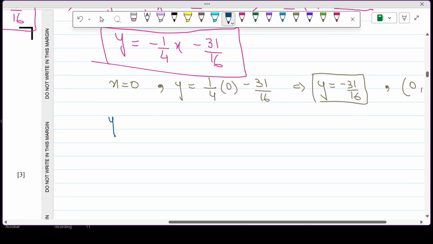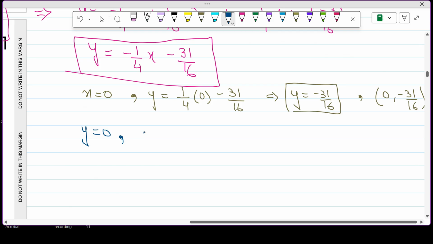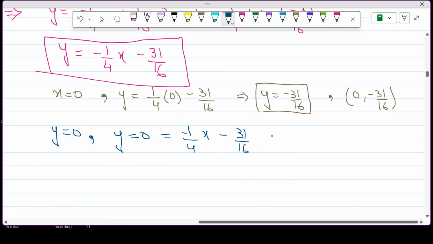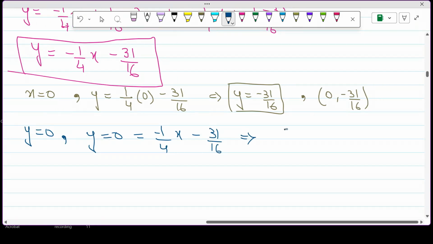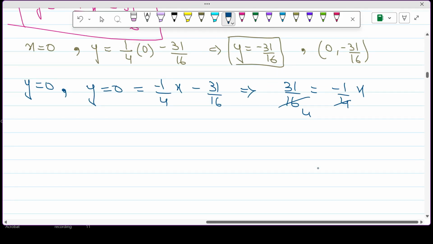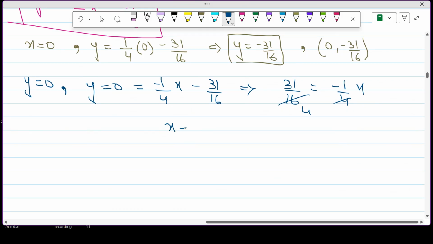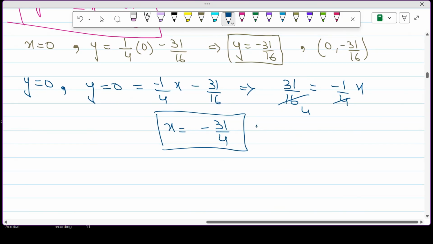Similarly, when y is equal to 0, we can plug in y equal to 0. So 0 is equal to negative 1 over 4 x minus 31 over 16. So 31 over 16 is equal to negative 1 over 4 x, and this one is 4. So we will have x equal to negative 31 over 4 when y is equal to 0.